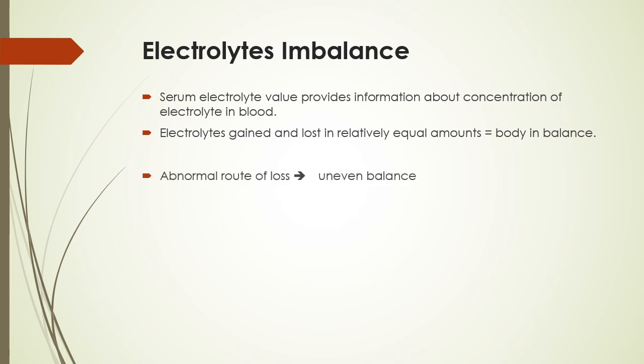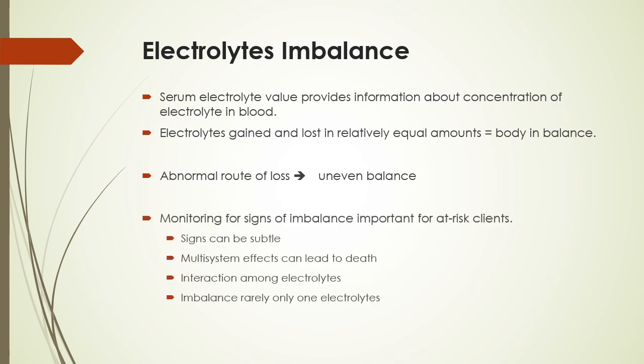When you have an abnormal loss, that's when you get into this uneven balance. And you have to monitor for signs of imbalance, especially in your at-risk clients. And usually we are talking about somebody with multiple comorbidities or elderly. The signs can be very subtle.